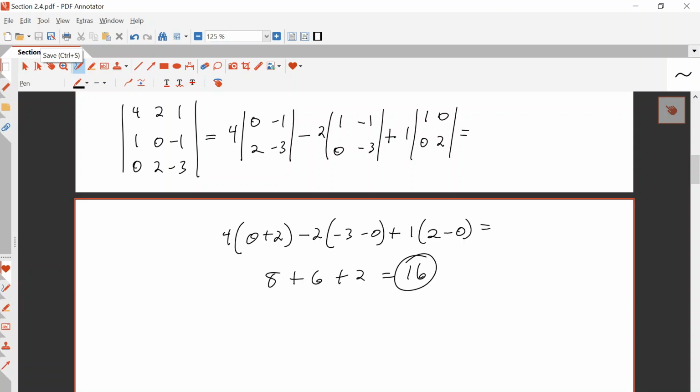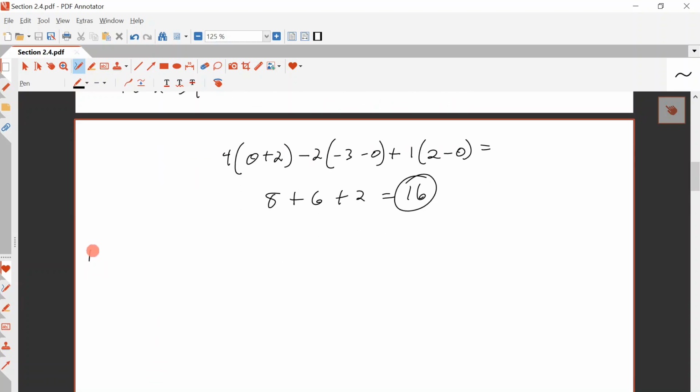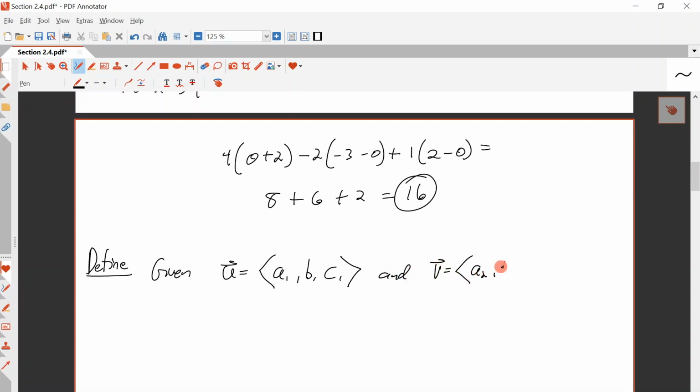So now the cross product of u and v. Given u equal to a1, b1, c1, and v equal to a2, b2, c2, define the cross product u cross v as follows.